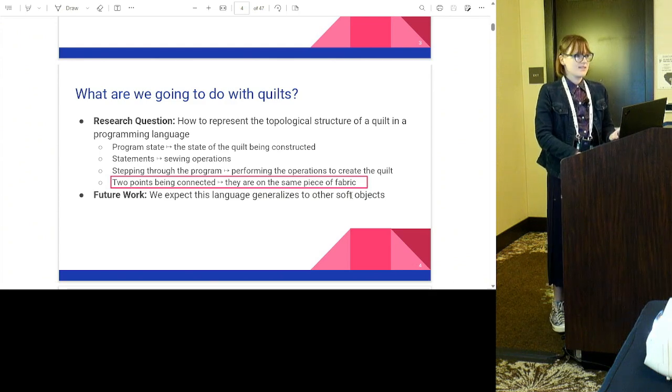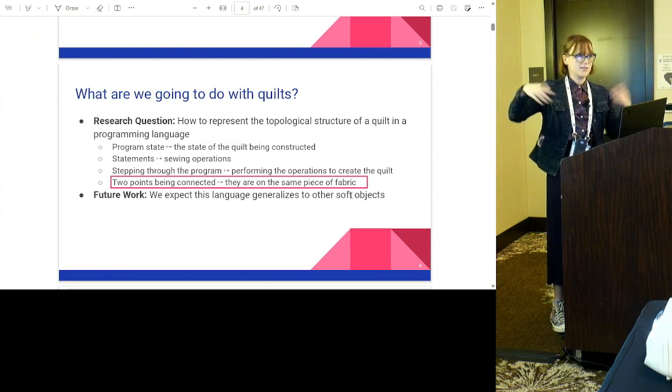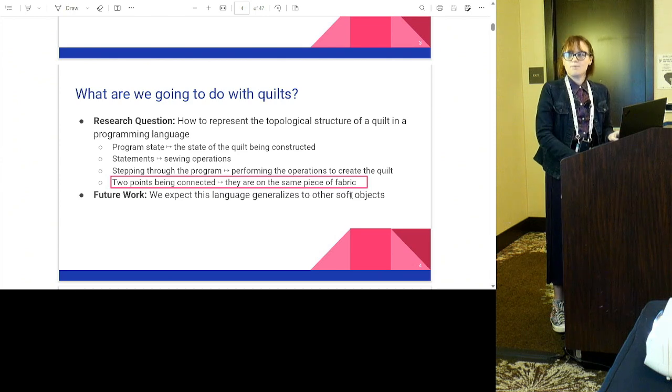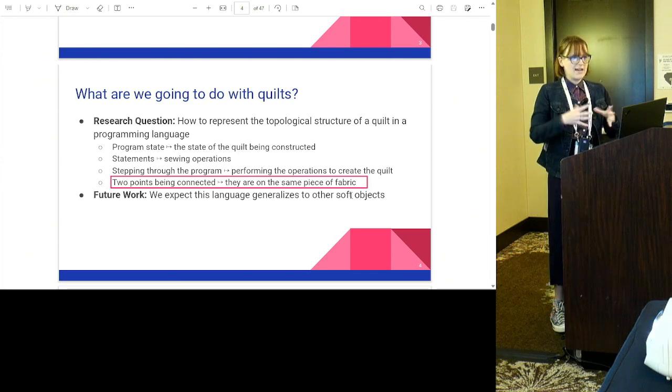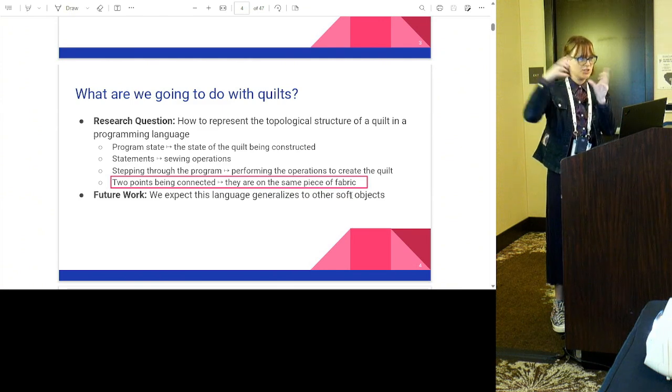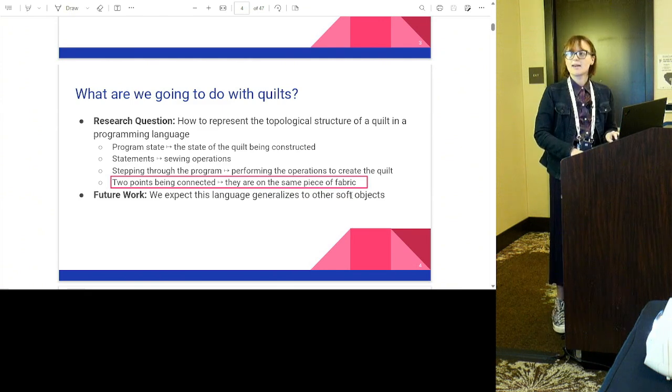The statements of the programs are the sewing operations that you're performing, and as you step through the program, you're performing those operations that construct that whole quilt structure. And our core analogy here is that when we have 2 points that are connected in our language, that means that they're on the same piece of fabric, that they've been either on the original same sheet, or they've been sewn together in some way.